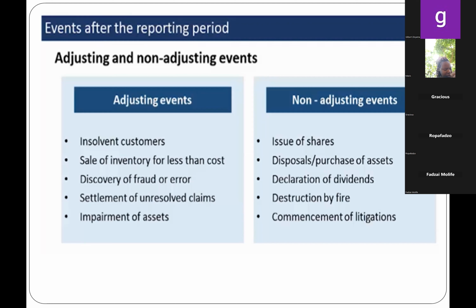Then if there's any destruction by fire of your warehouse, of your key assets, you may need to also just disclose that there was a fire that damaged part of the stock that we are seeing retained in our balance sheet.